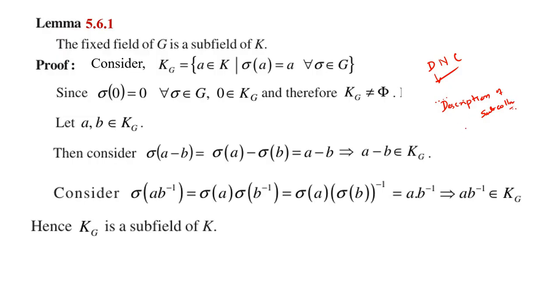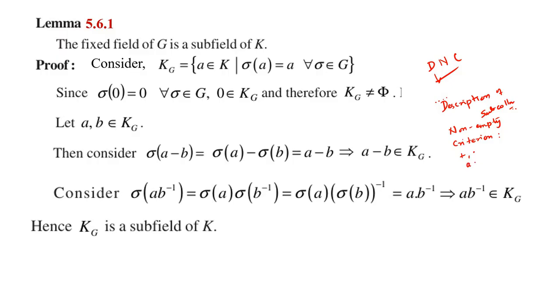That must be given, and non-empty, because only if it has elements can we further do anything with it. So it should be non-empty, and then the criterion for that to be a subgroup or subfield, whatever it is. In this case, field means two operations, one with respect to addition, the other with respect to multiplication.